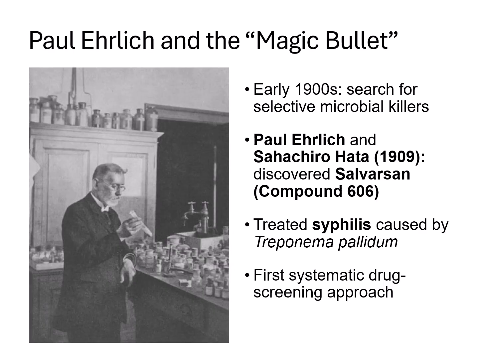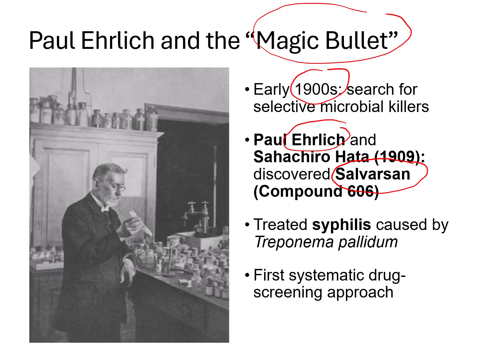In the early 1900s, German physician and scientist Paul Ehrlich searched for what he called a magic bullet. These were chemicals that could kill pathogens without harming the patient. And in 1909, his assistant, Sahachiro Hata, discovered salvarsan, also known as compound 606, which successfully treated syphilis caused by the bacterium Treponema pallidum.